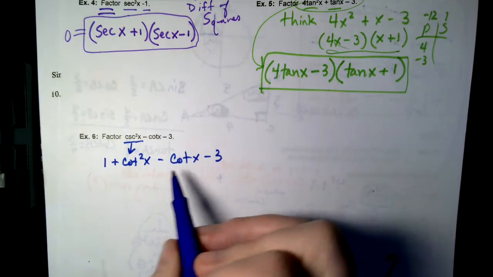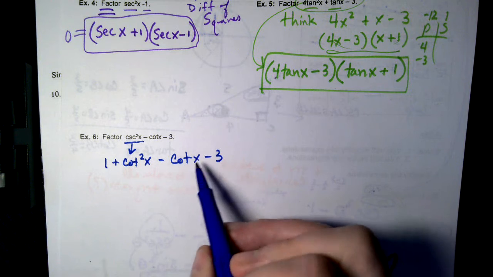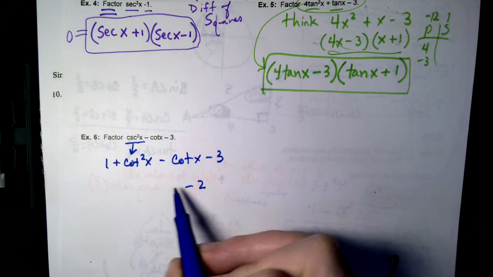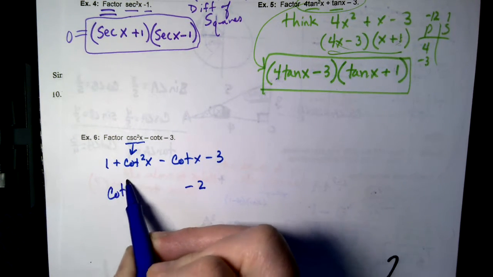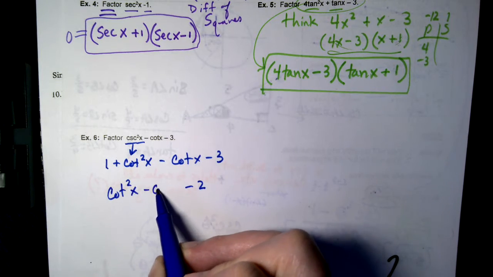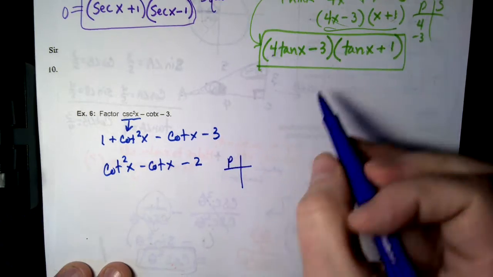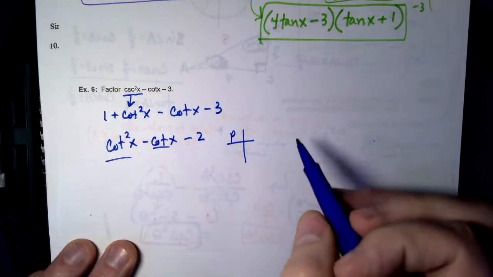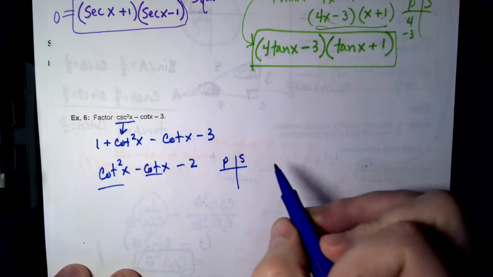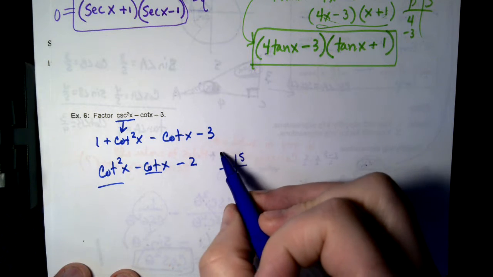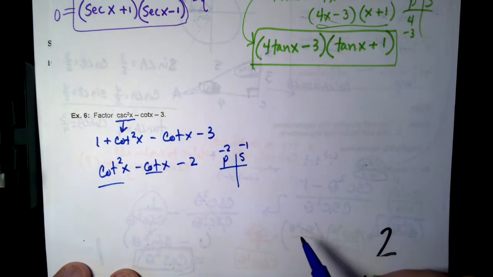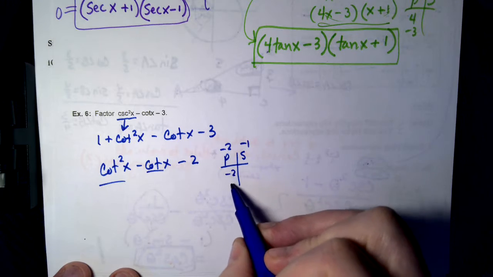All right, let's rearrange this a little bit. 1 plus 1 and negative 3 make it a negative 2. Cotangent squared, we want that first, and this is in the middle. So think product sum, just like now we got them all cotangent. We can do factoring like we did over here. What two numbers multiply to be negative 2, but when you add them together is negative 1? It's going to be negative 2 and positive 1.